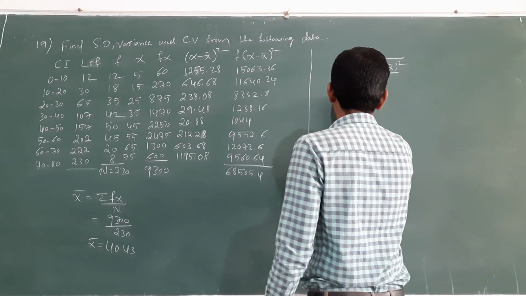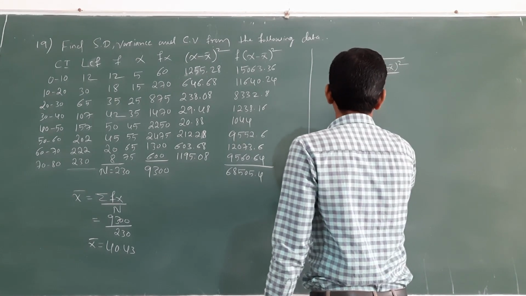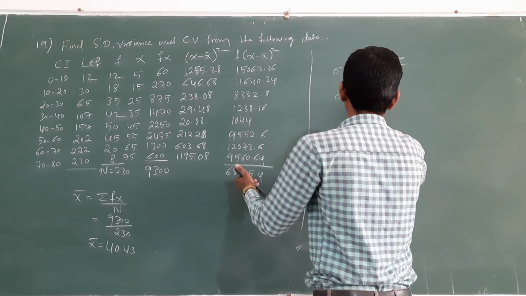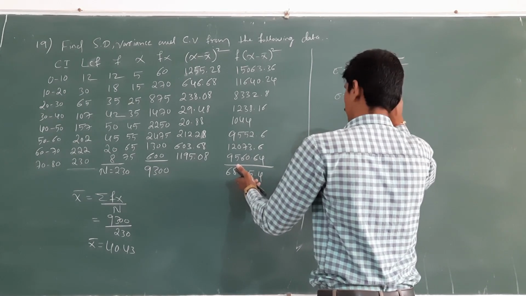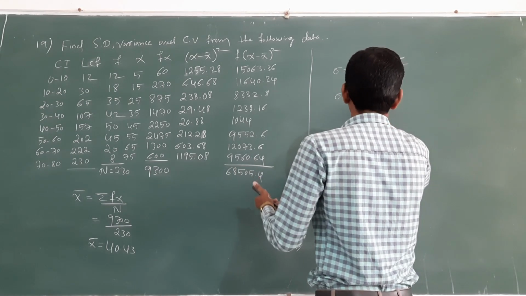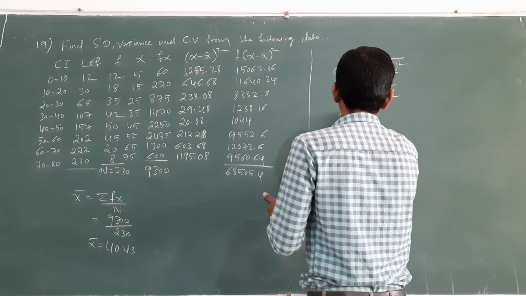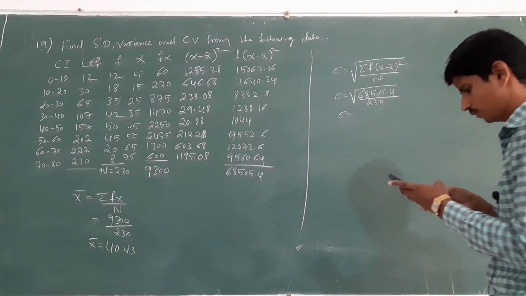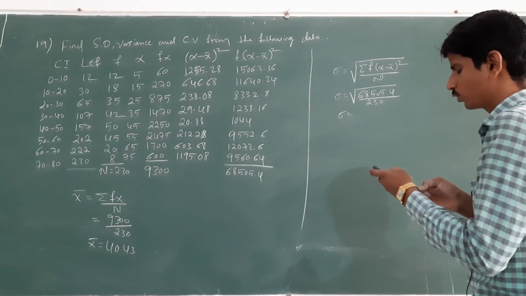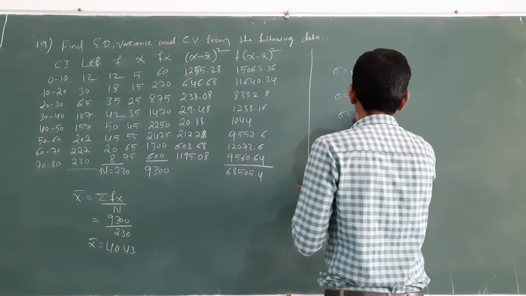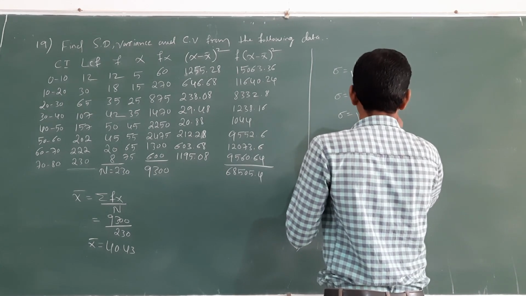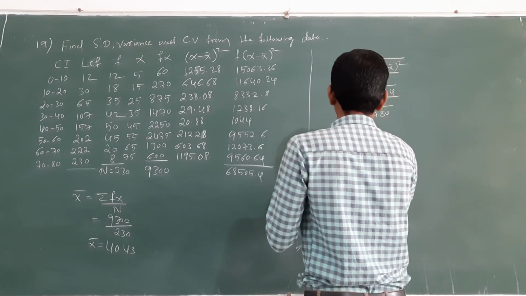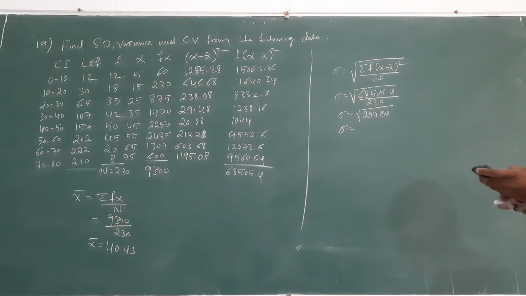Sigma equal to 68,505.4 divided by 230. Capital N is 230. Then we'll get 297.84 under root. We want sigma, that is the square root of 297.84, that is 17.25.